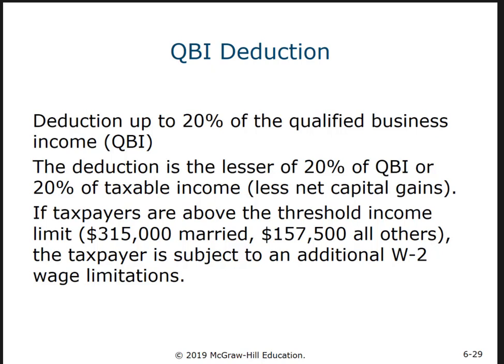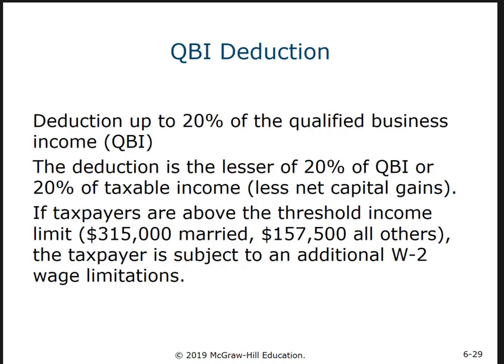It starts to go away if your income is over those thresholds, depending on the type of business, okay, and whether you're paying out wages to employees, and it's limited to how much you pay out as W-2 income to your employees. So the thing to remember is that most of the reductions or the phase out, or the restrictions on this, don't kick in until you get to those thresholds, 315 or 157.5.